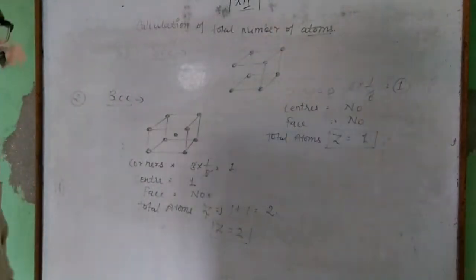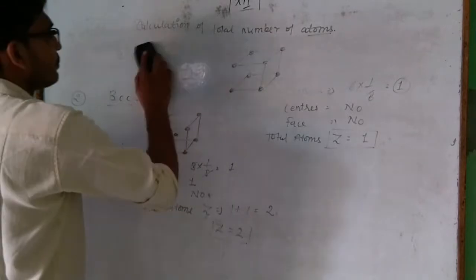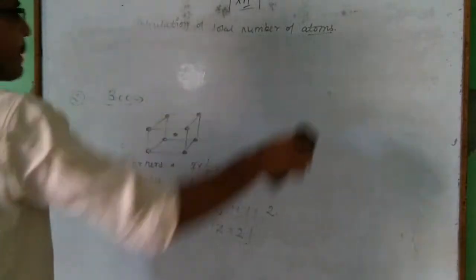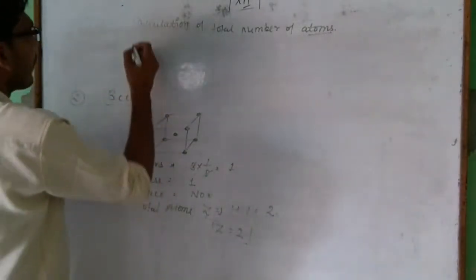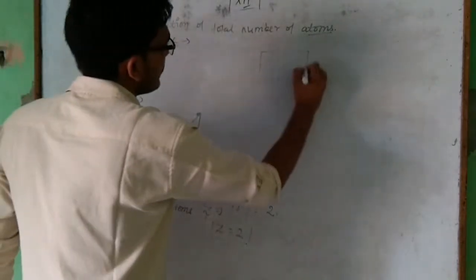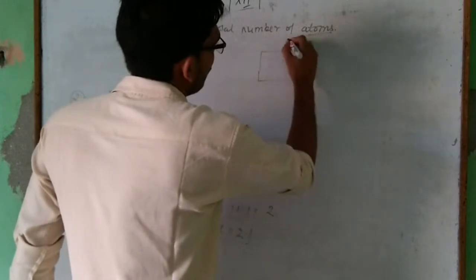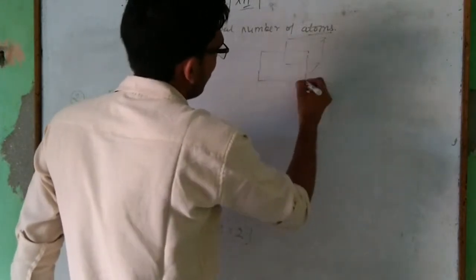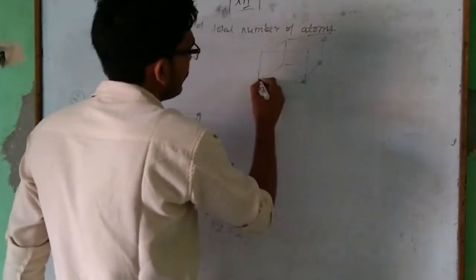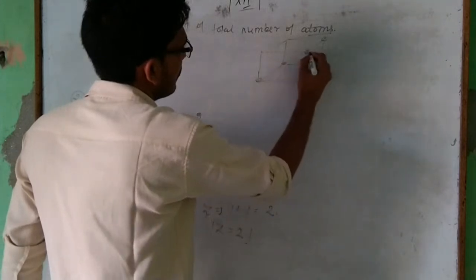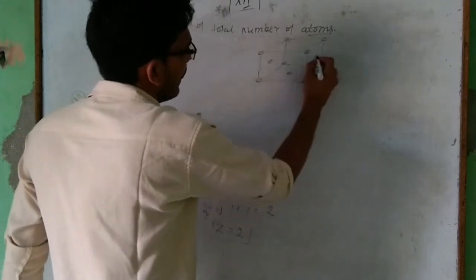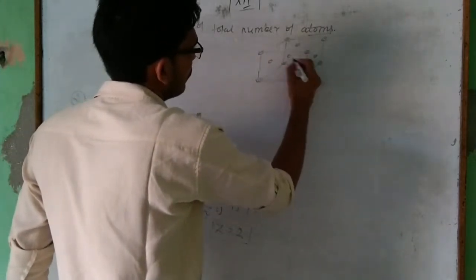So now the third one is FCC. This is the cube of FCC. There are 8 atoms present at the corners and atoms present at each face also.